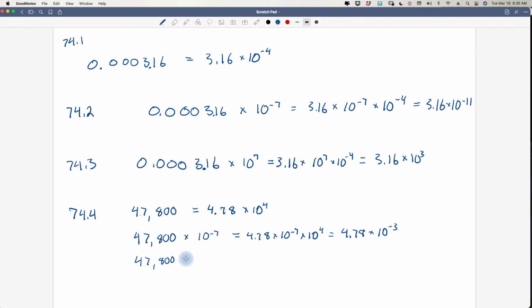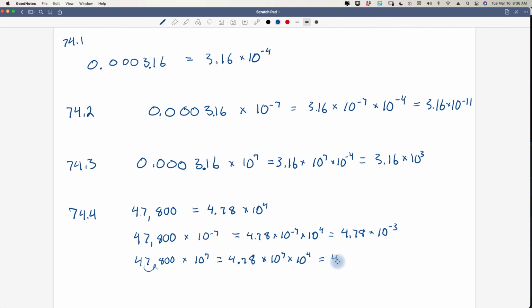We have one more example here. 47,800 times 10 to the positive 7. We don't want to rewrite that smaller, so we put our decimal where we want it, and we write times 10 to the positive 7 times 10, and we count 1, 2, 3, 4, and it's positive 4 again.